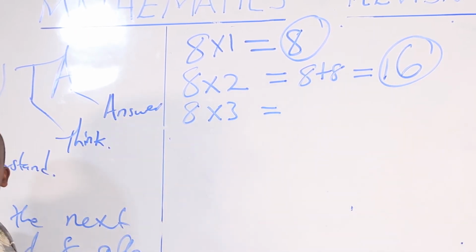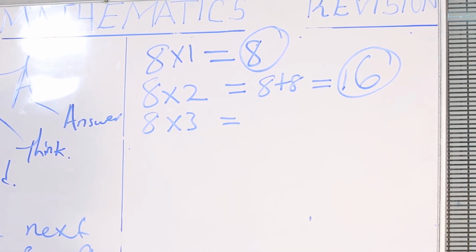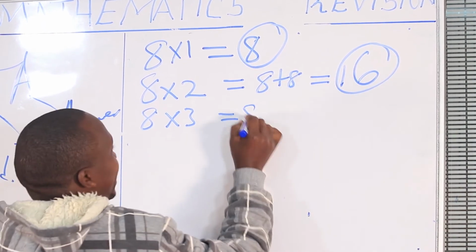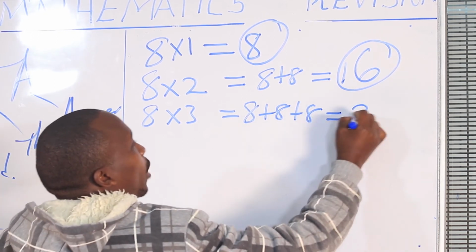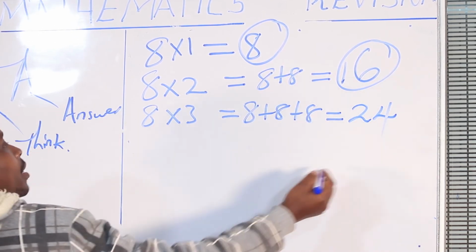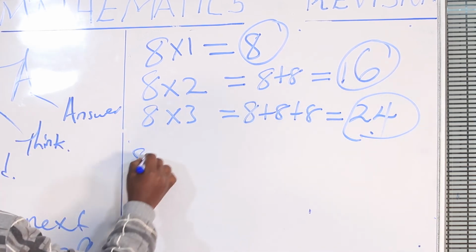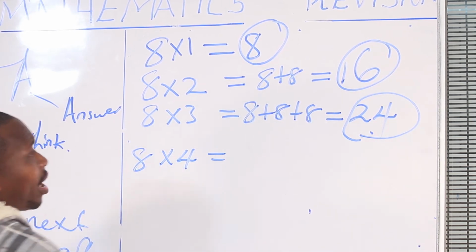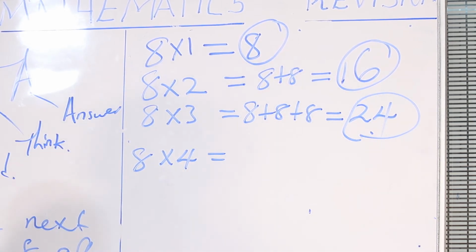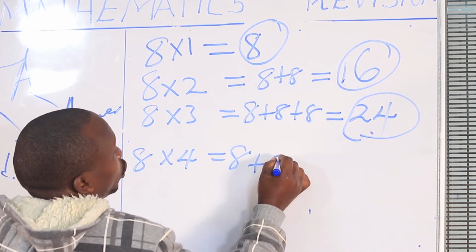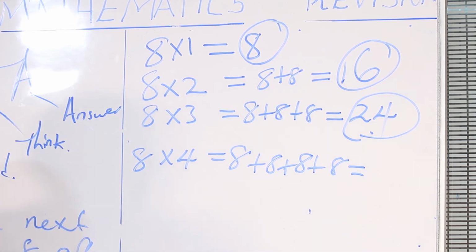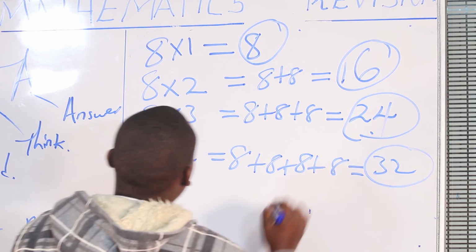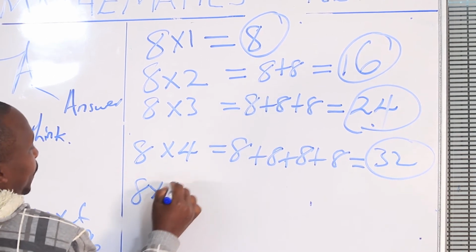You have 3 eights, 8 plus 8 plus 8. That is 24. Now, what is 8 times 4? 1, 2, 3, 4. 32. Very good.